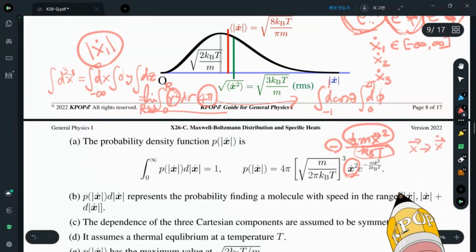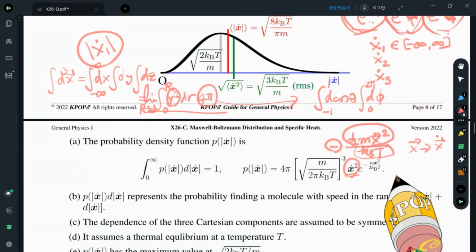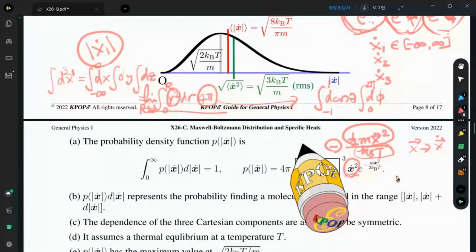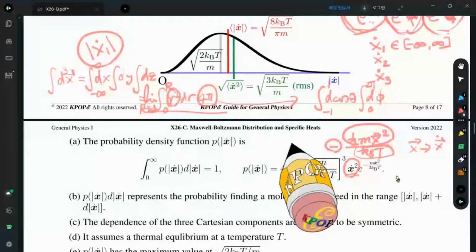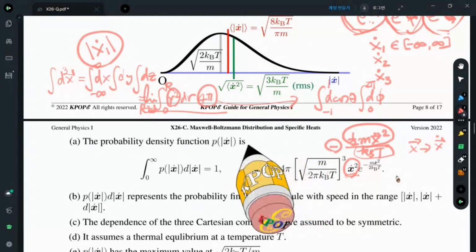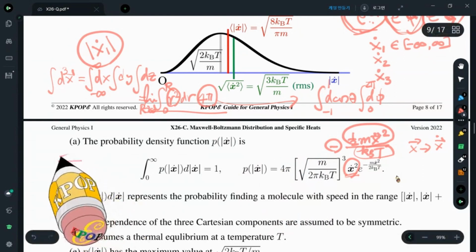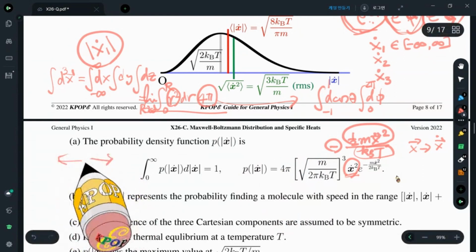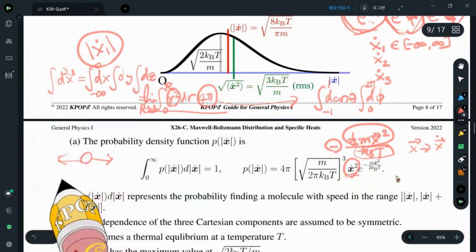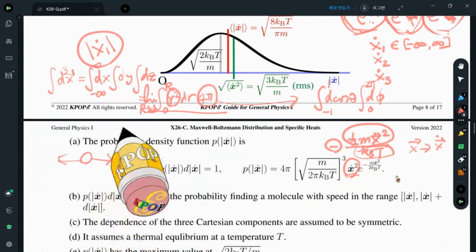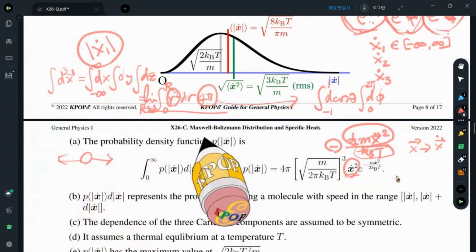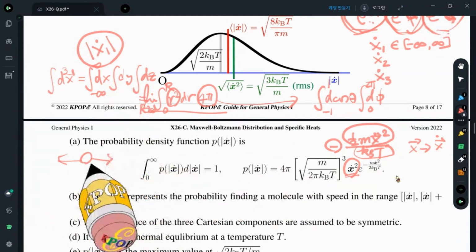The basic idea of the Maxwell-Boltzmann distribution is to respect the equipartition theorem and the central limit theorem. The distribution of the velocity of a molecule inside a large number of molecules should be symmetric. We cannot distinguish the left-hand side and the right-hand side, so the negative velocity probability and positive velocity probability should be the same. It should be an even function.